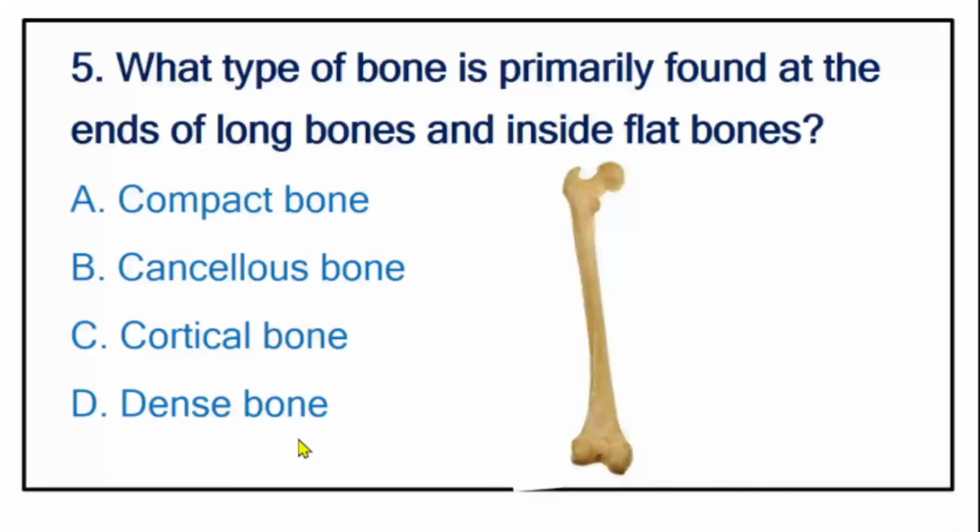Next question, what type of bone is primarily found at the ends of long bones and inside flat bones? Compact bone, cancellous bone, cortical bone, dense bone. Correct answer is cancellous bone. Long bones are divided into two parts.